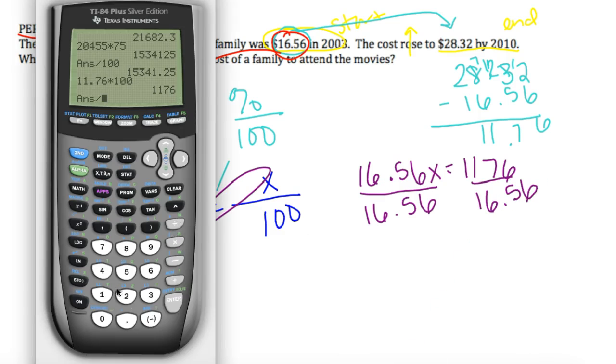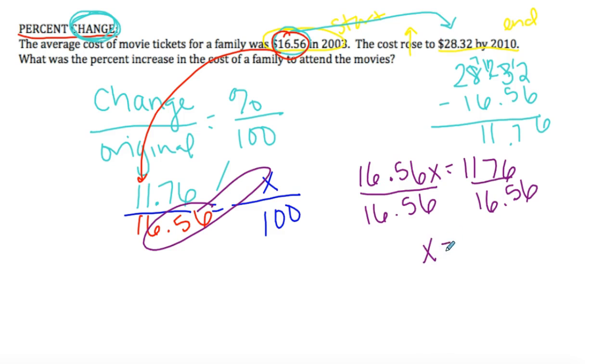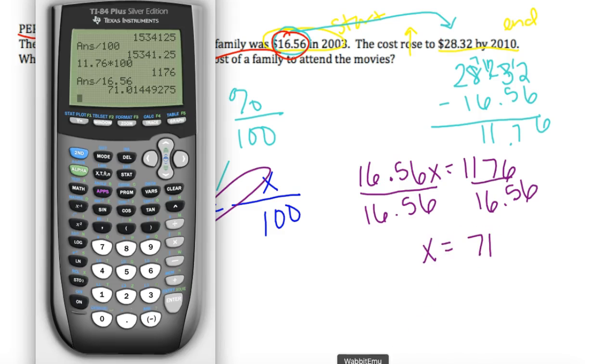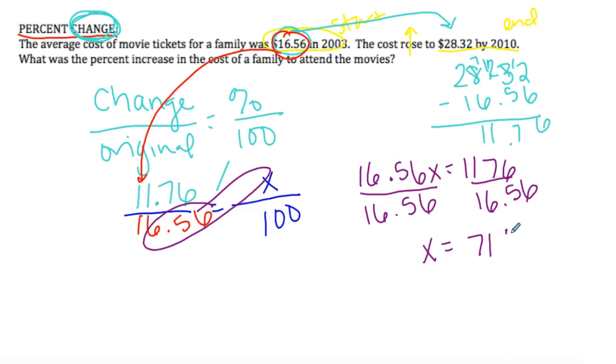So I'm going to divide that by 1656. And I get x is equal to 71.01, or 71%. That means it's a 71% increase. Not that the price is 71%, it's a 71% increase.